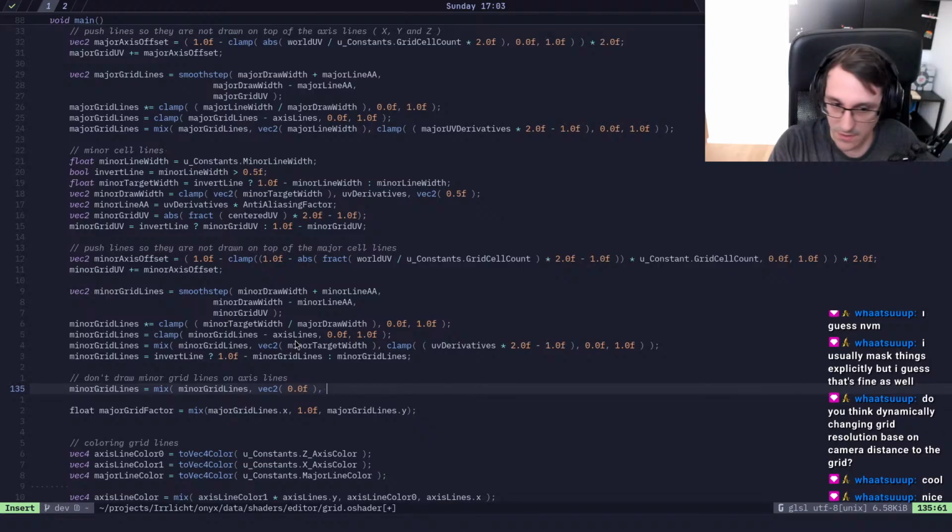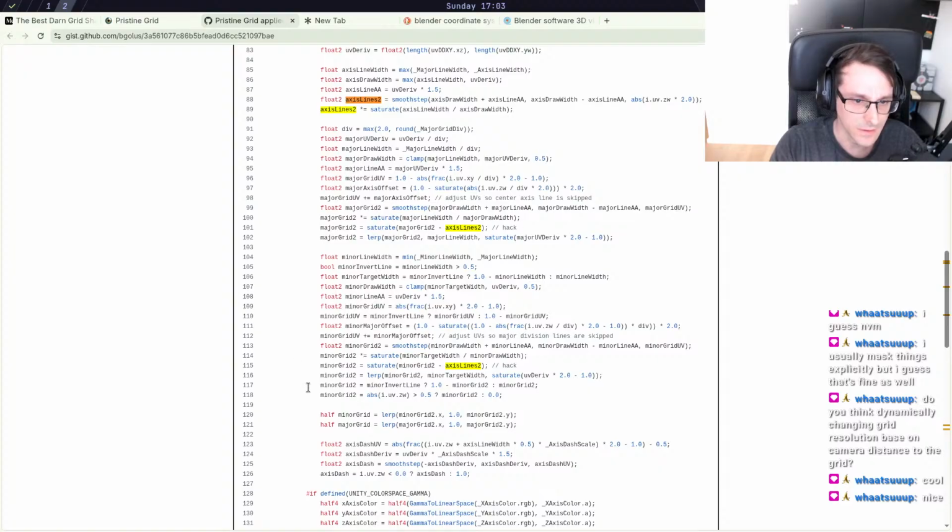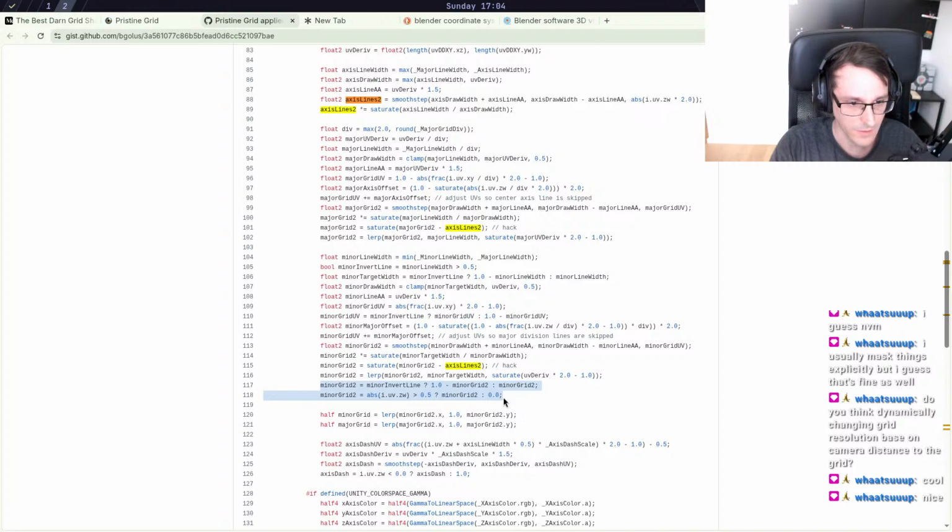And we don't do that based on the vector 2 if it's less than the grid UV. And that is this. Basically. Or, yeah, this last line here.